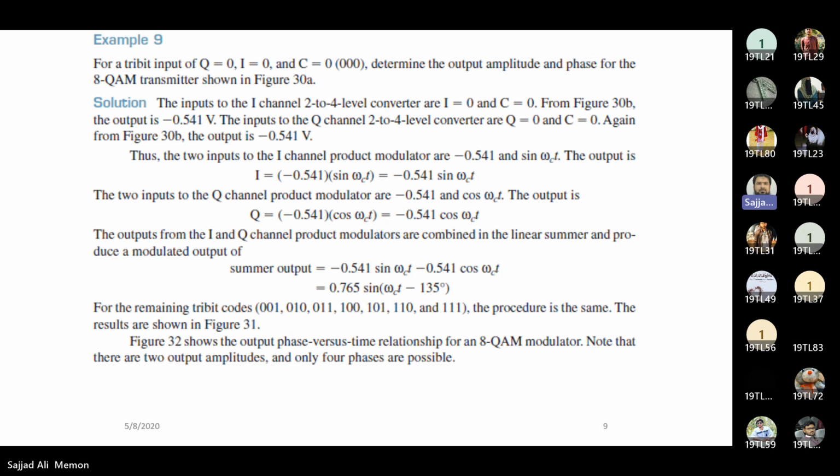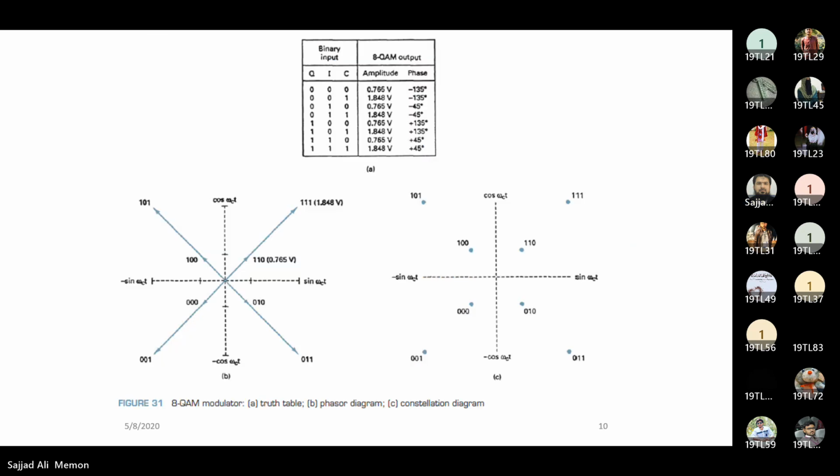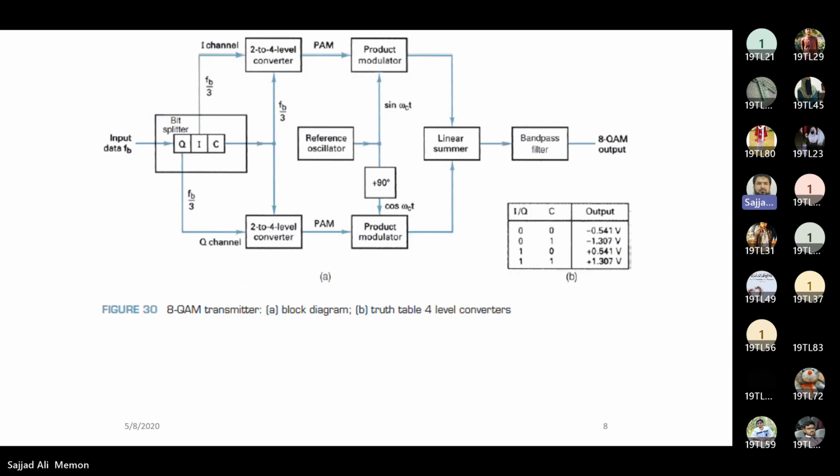So an example is given here to further elaborate the diagram, for a tribit input of Q equal to 0, I equal to 0, and C equal to 0. Determine the output amplitude and phase for the 8QAM transmitter shown in figure 38. The inputs to the I channel 2 to 4 level converter are 0, 0, so it will choose an output of minus 0.541 sine omega ct minus 0.541 cos omega ct.